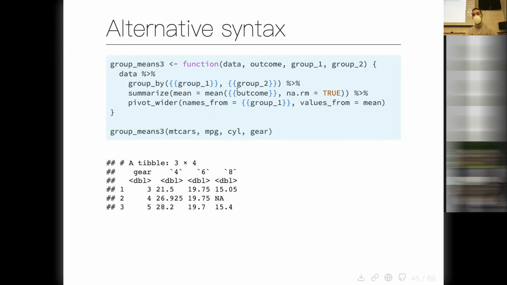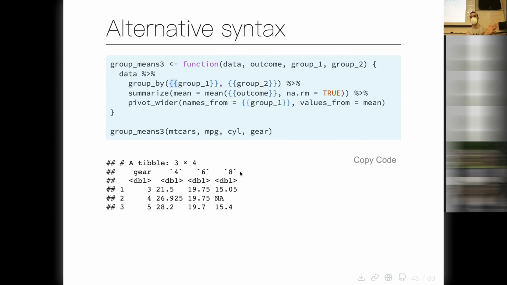So now I can actually basically do what I did before, which is just copy and paste my code. All I have to do, though, is wrap all of my arguments except data, because that's just the object, in double curly braces. Okay, so this is the newer way to do it, and this is the way I would highly suggest that you do it.